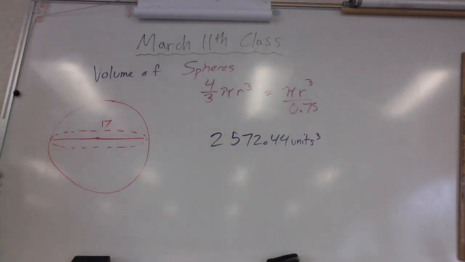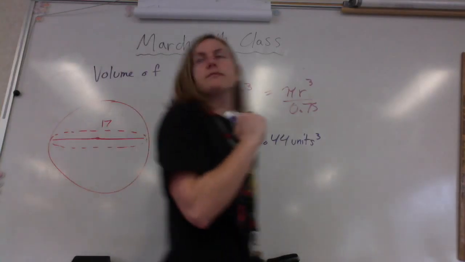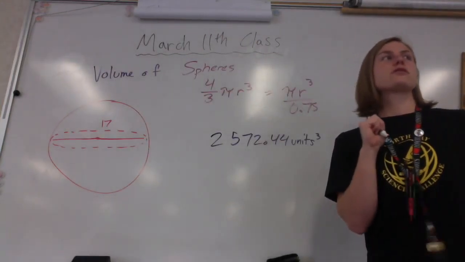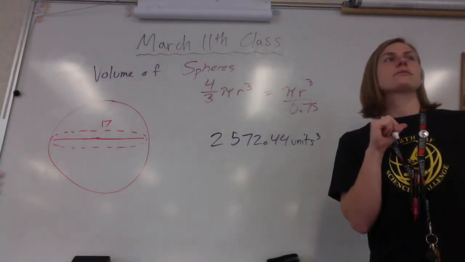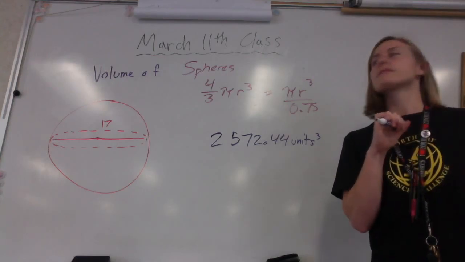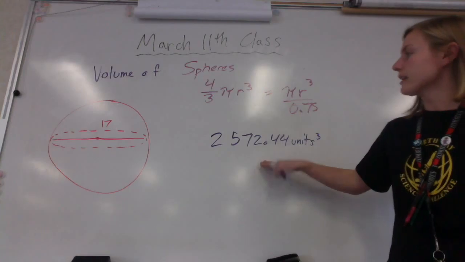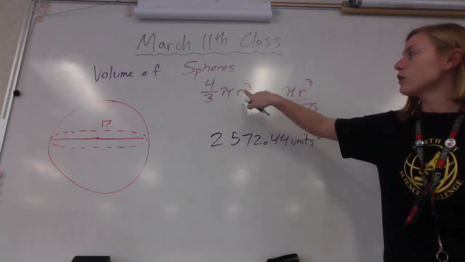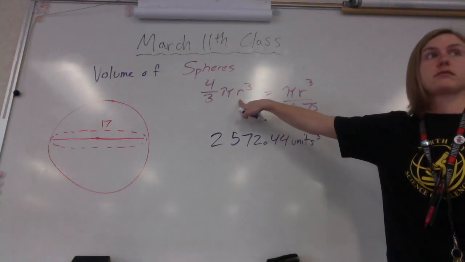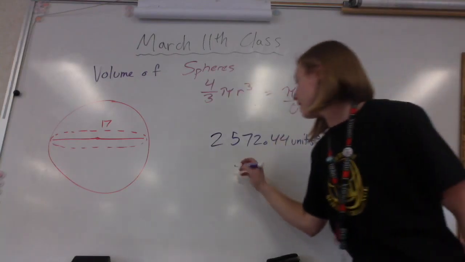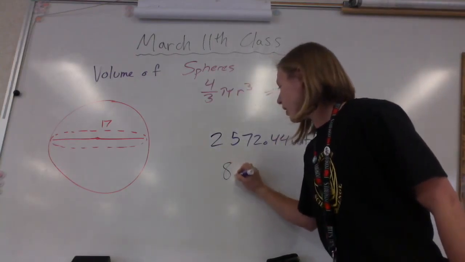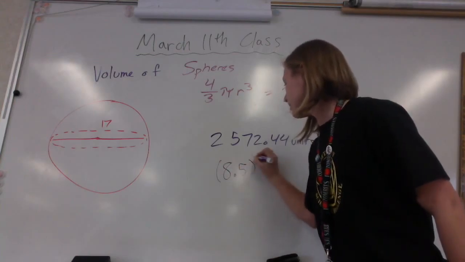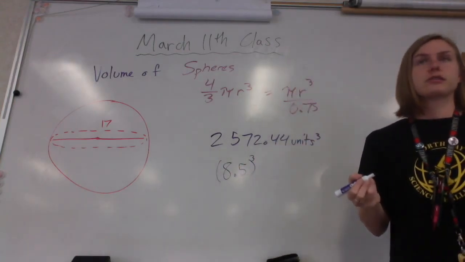No? Okay, so let's go over this. The way you would put this in, depending on your calculator, might be a little different. What's our radius? 8.5. So I would probably put in 8.5 cubed into my calculator first.